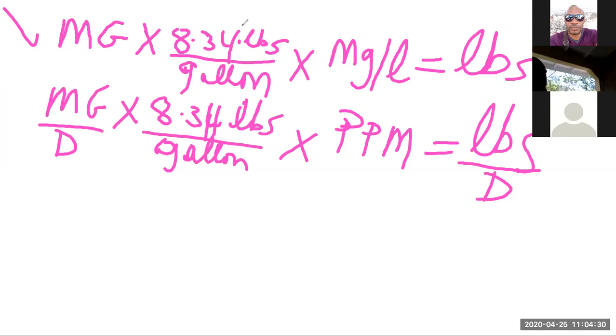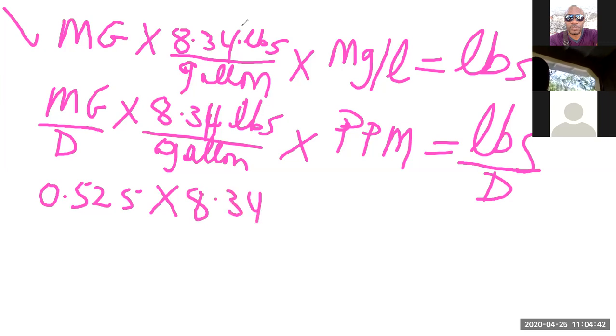So it was 0.525 multiplied by 8.34 multiplied by milligrams per liter. They say it was 100. And when you work with your dimensions, you will get pounds.